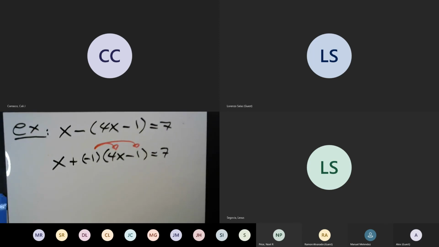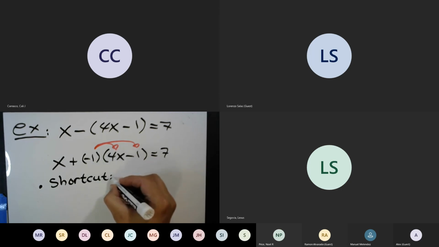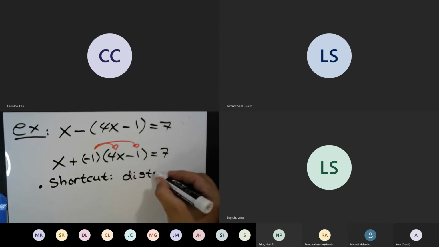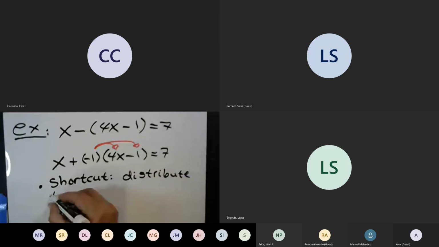But we can do a shortcut. And the shortcut is this. Distribute the minus. We're going to distribute the minus.